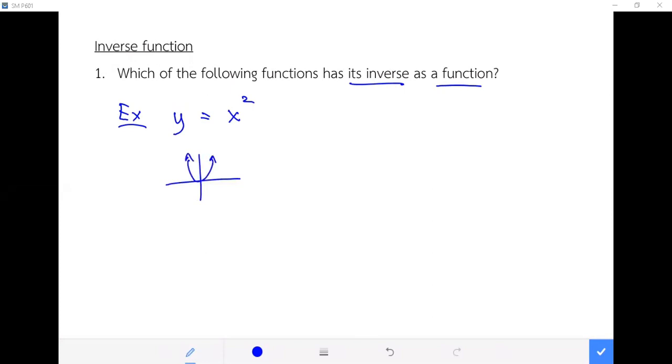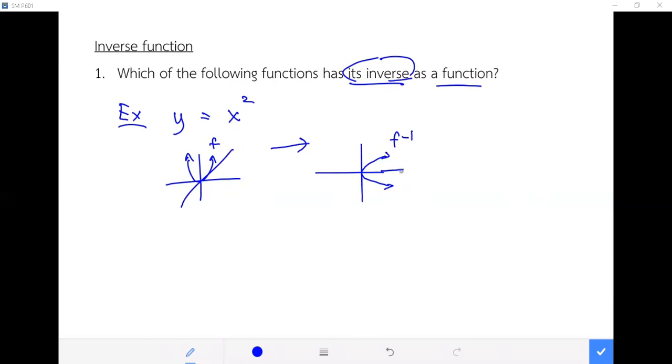So change to inverse. If you still remember, we use that 45-degree line. If you reflect over the 45 degrees, remember the life hack, it's going to look like this. If this is your f, this is your f inverse, right? And the question says which of the following has its inverse as a function. Y equals x squared, the inverse is like this.